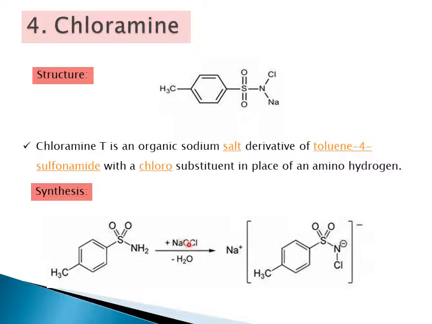The oxygen of sodium hypochlorite takes the H2 and is lost as water, and to the nitrogen attach Cl as well as Na to get chloramine. This is the synthesis of chloramine. Simple synthesis. Toluene 4 sulfonamide treated with sodium hypochlorite with the loss of water, and finally it forms chloramine.